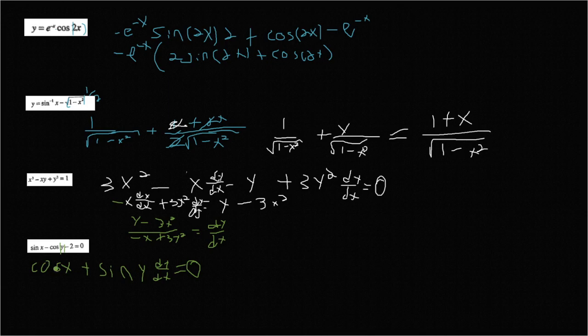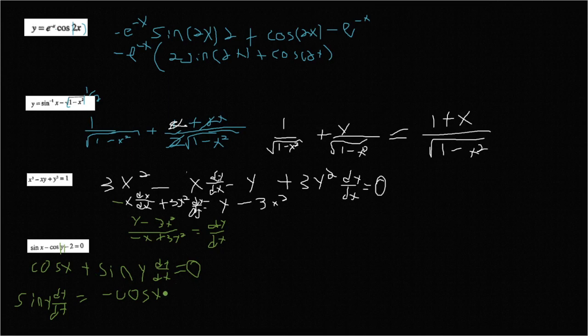So we can move cosine to the right side, and so we're going to do negative cosine x is equal to sine y dy/dx.